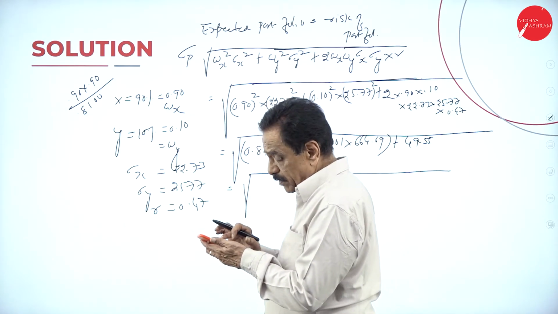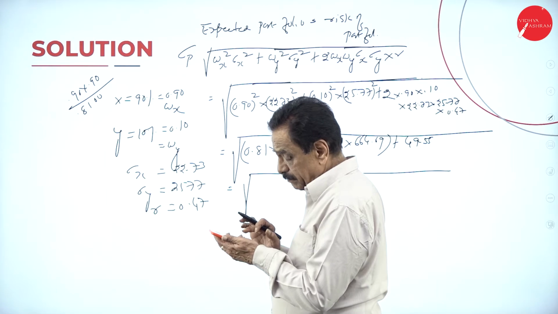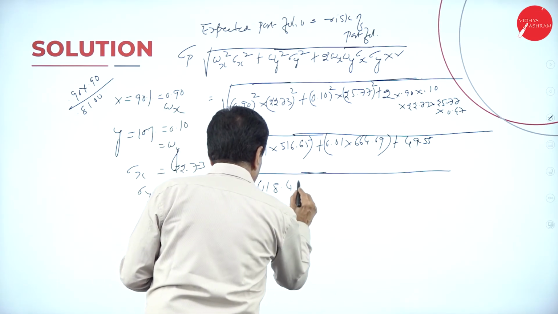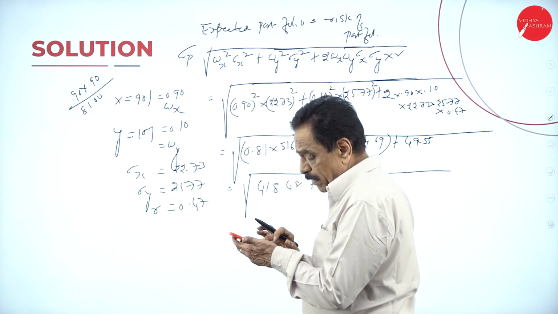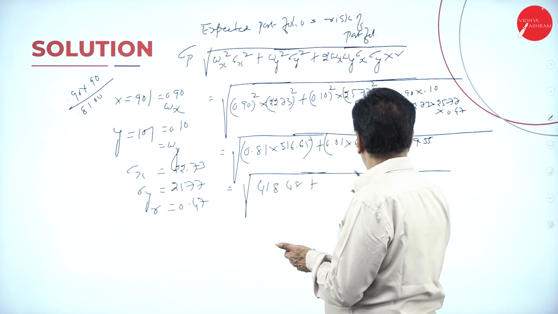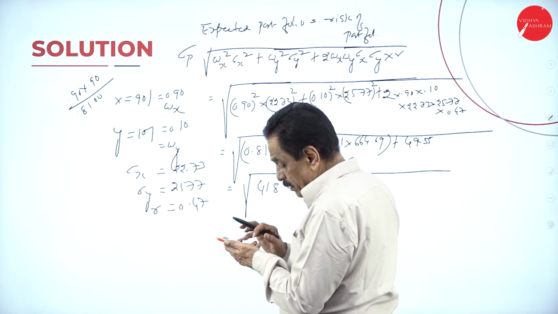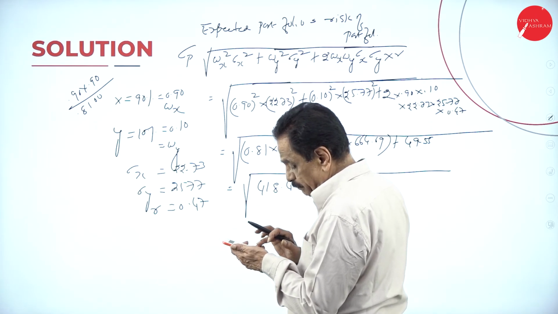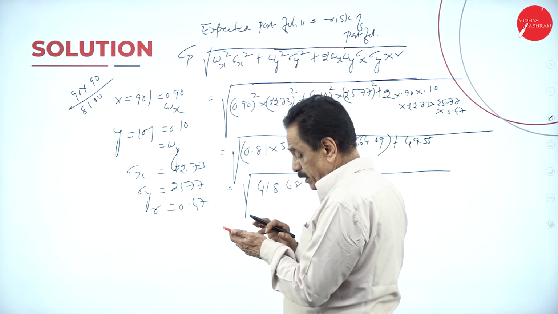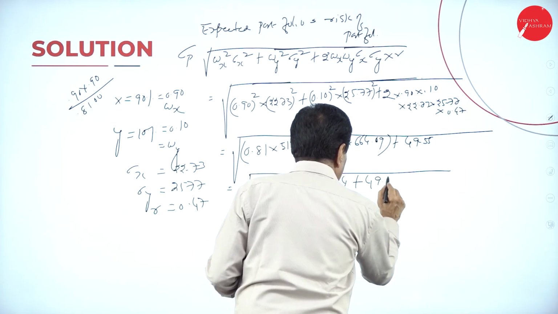This is 0.81 into 516.65, 418.48 plus 0.01 into 664 (25.77 into 25.77), 664.09 into 0.01, 6.64 plus 49.55.